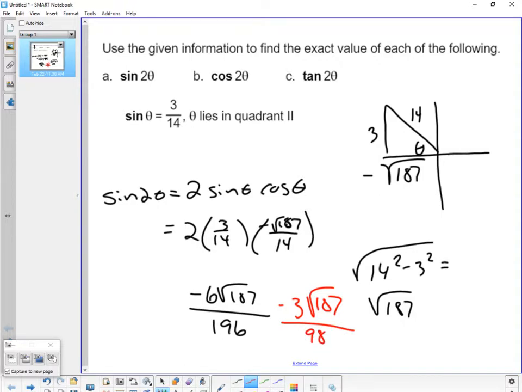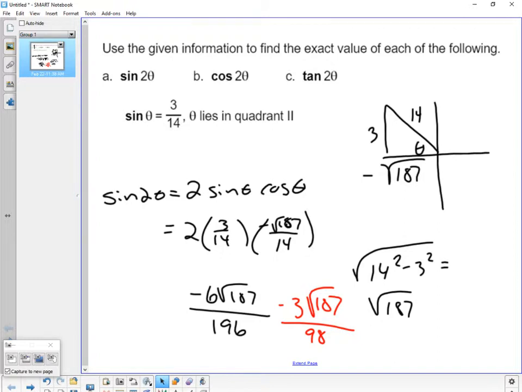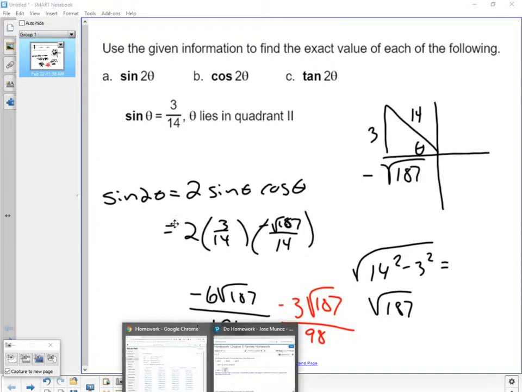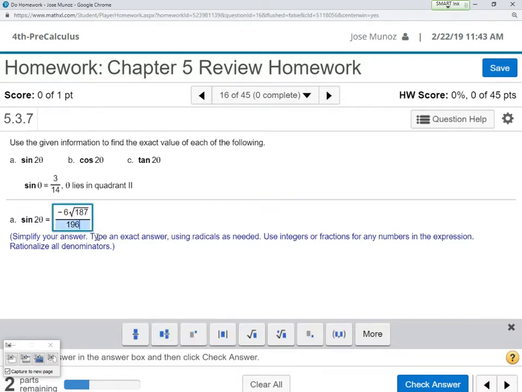I divided both by 2, because this and this can be divided by 2. I don't know why I didn't see it the first time. So this should be 98, and this is a 3?